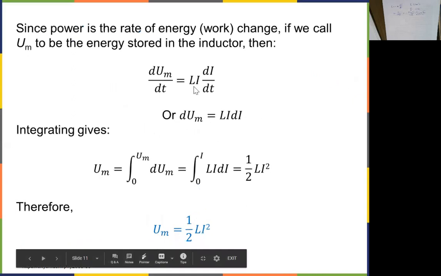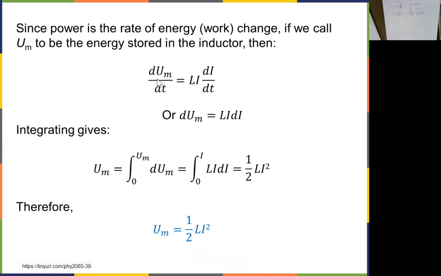If that's power, then that's equal to the derivative of energy over dt, right? So this equals power, and dt and dt cancel out. Then you can integrate this equation. The left-hand side will give you the energy stored in the inductor, equal to the integration of the right-hand side. Assuming your current goes from 0 to I, the energy stored in the inductor is going to be the integral of L I di, where I is the variable.